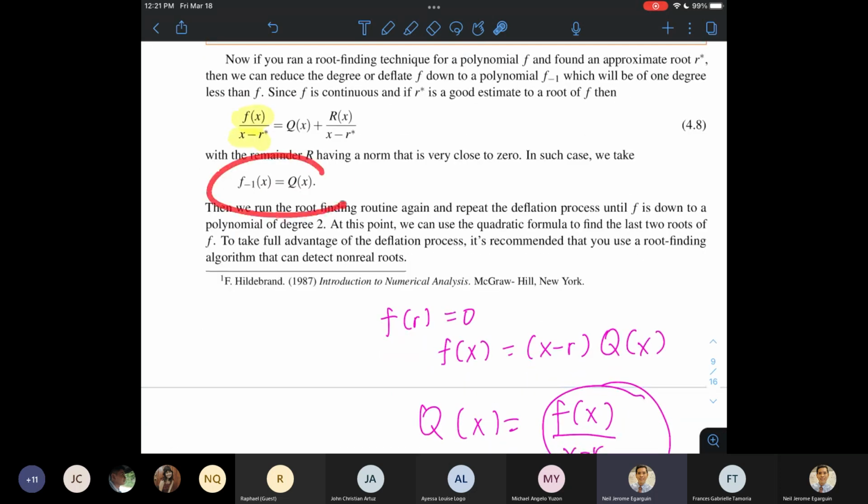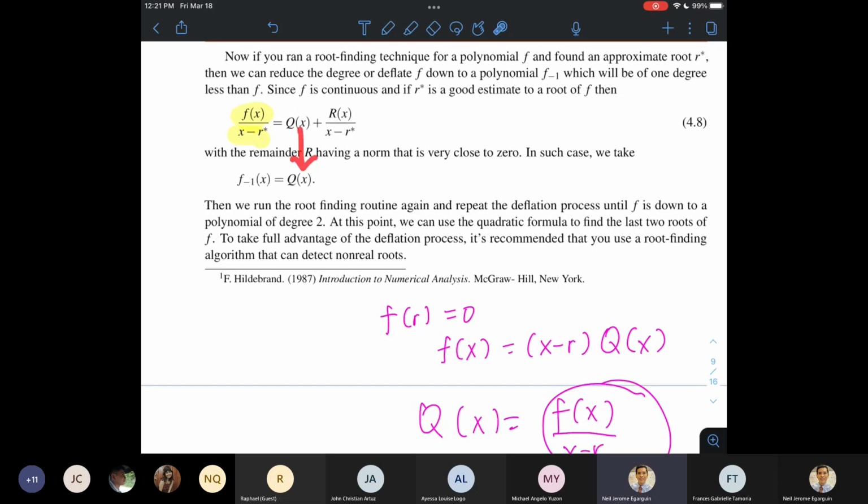So yung deflated polynomial, which would be 1 degree less than the original polynomial f, siya yung quotient. Isa-set natin to be the quotient, tawagin natin siyang f sub negative 1. Yung subscript, yan yung degree na nabawas. So from degree n, si q dapat degree n minus 1. Nabawasan na siya ng isang degree.